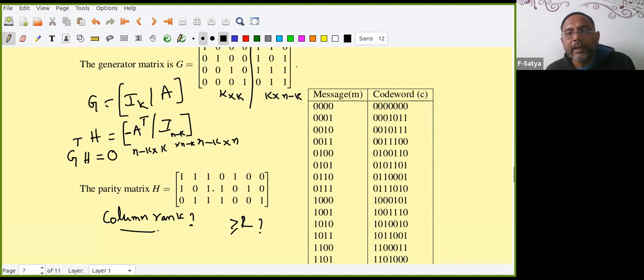Why? Mehak, can you tell me why any two columns are linearly independent here? This is not acceptable. I told you this part 2-3 times. Why? If I take any two columns, they are linearly independent.